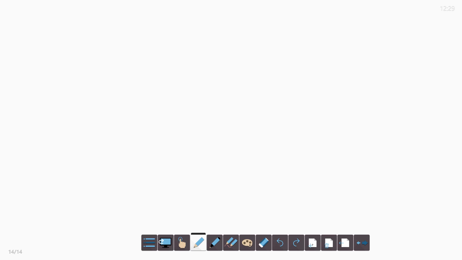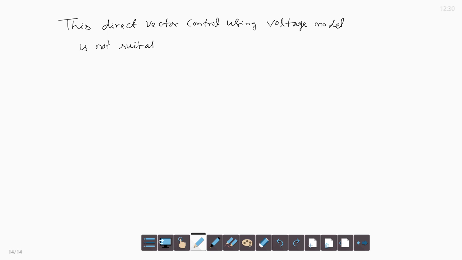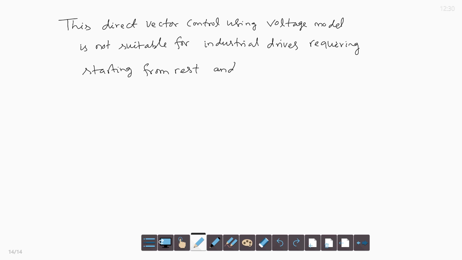So, the conclusion is this vector drive, this direct vector control using voltage model is not suitable for industrial drives requiring starting from rest or low speed operation.